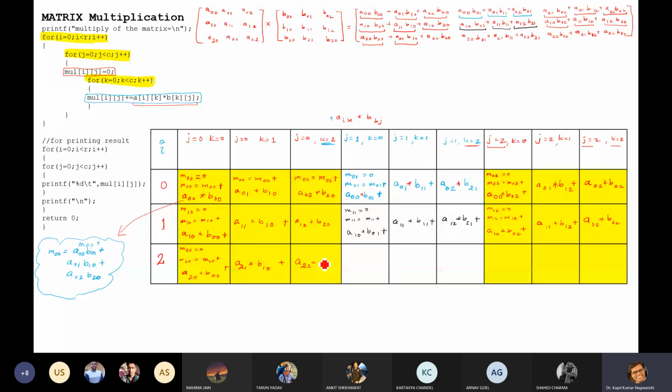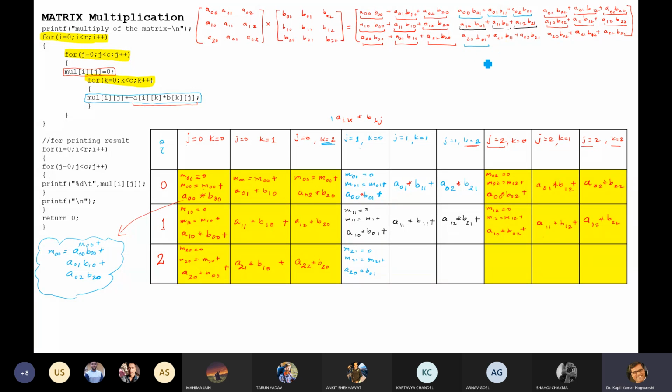Now come to next one. j is changed now, so this is m21 equals 0. m21 equals m21 plus a, i is 2, k is 0, multiplied by b, k is 0, j is 1.